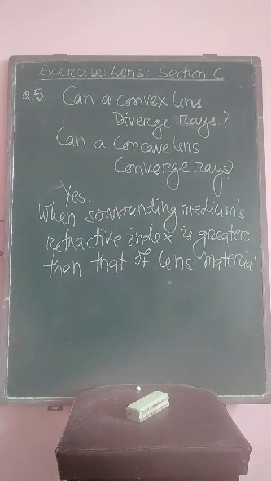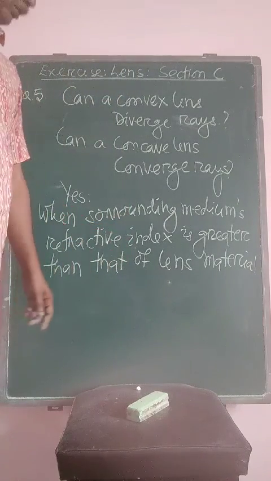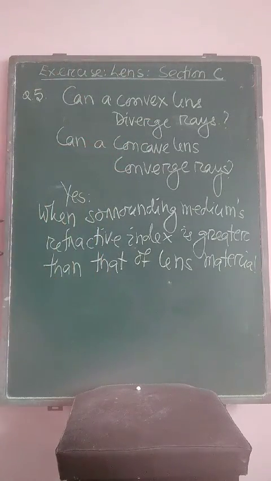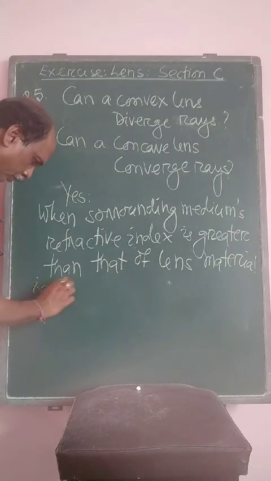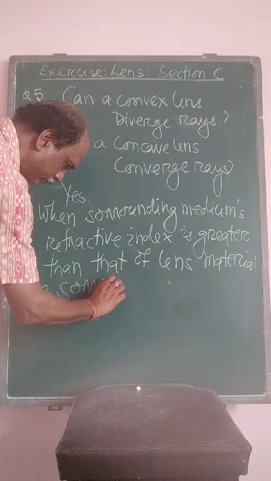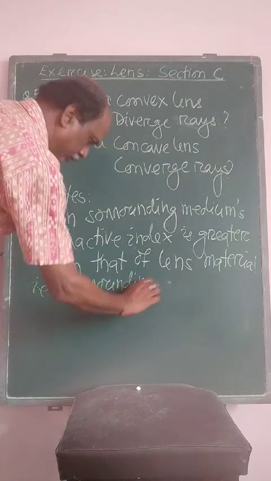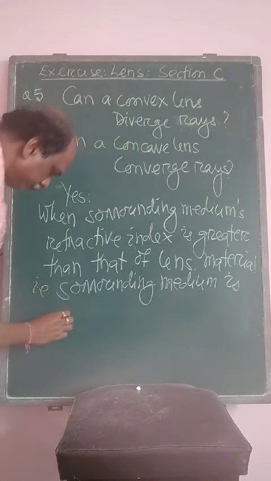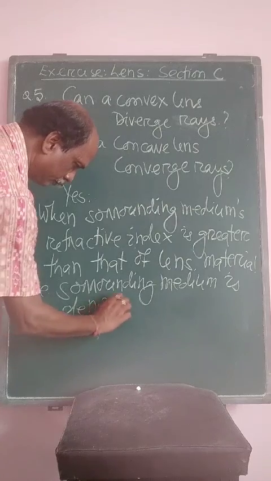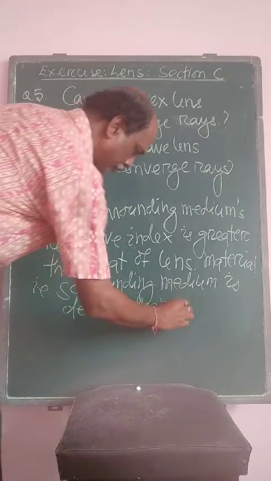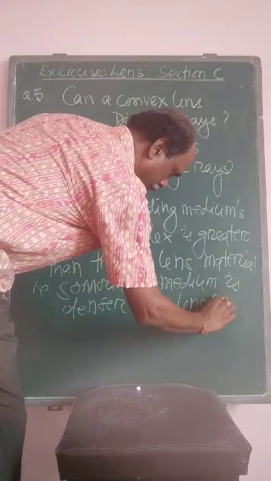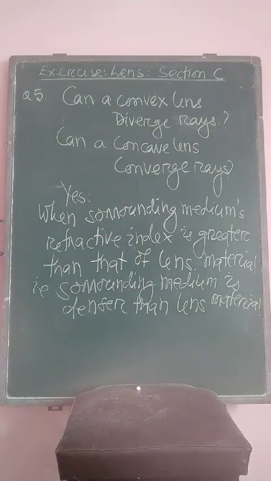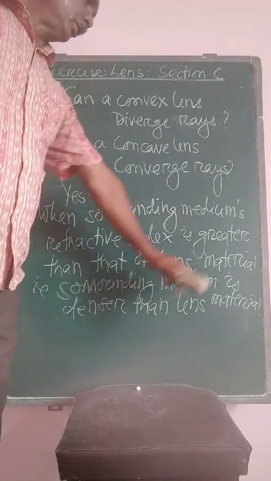That means if the surrounding medium is much denser than the lens material, then the lens will act oppositely.